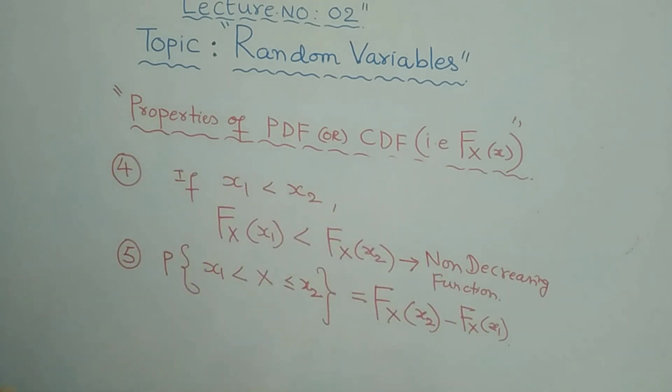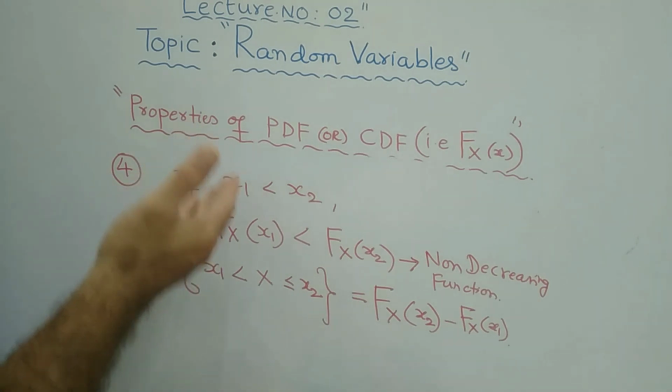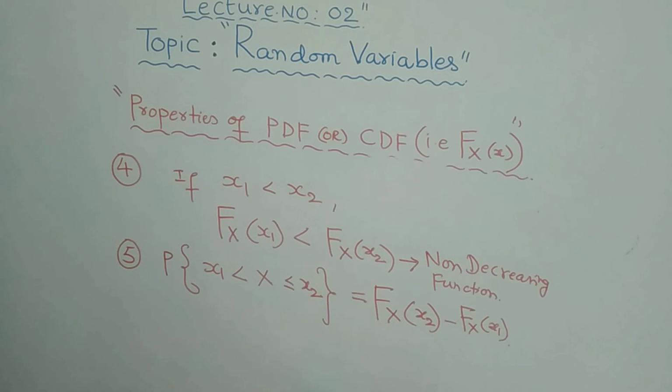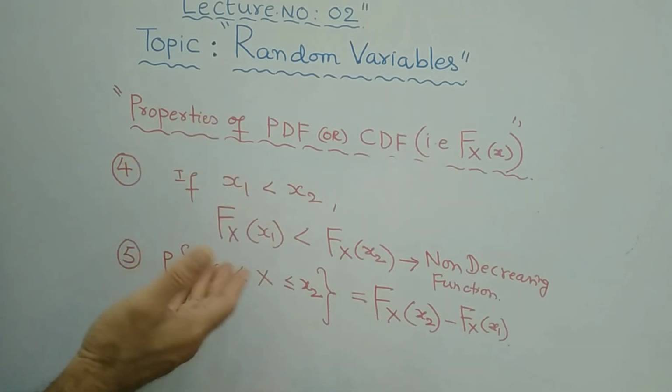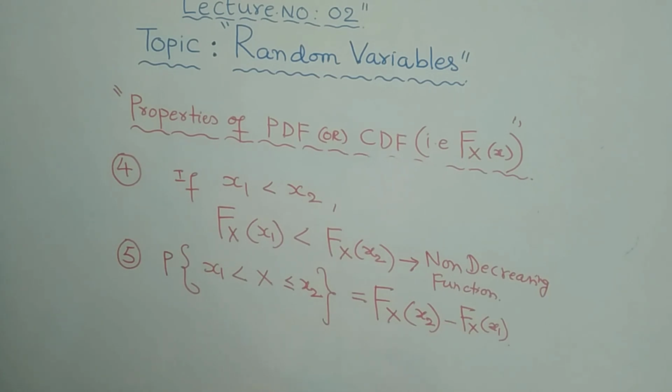These are the very nice and beautiful properties of a probability distribution function. Clear? I think you have understood the distribution function and the concept of the random variable. We have seen the properties of the distribution function also. These are very useful in solving problems.